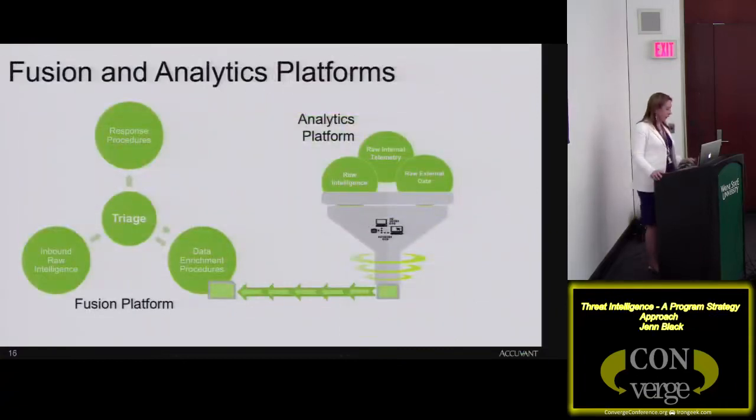The fusion and analytics platforms, the components of that, they're primarily taking in the raw intelligence. And then there's the analytics platforms. With them, there's some data enrichment that can happen to improve that raw intelligence data that they're taking in.